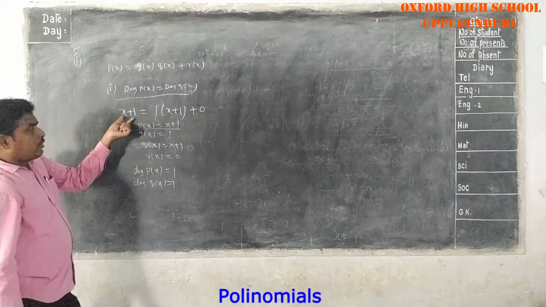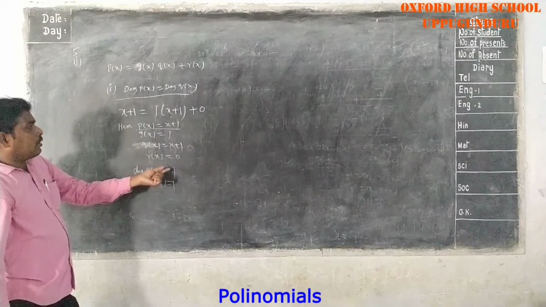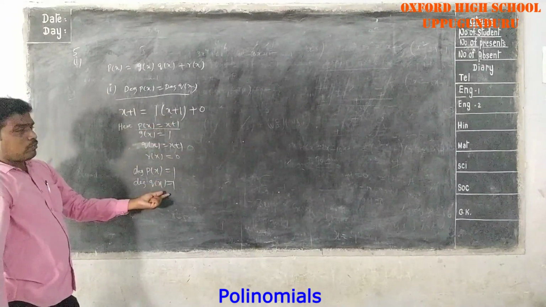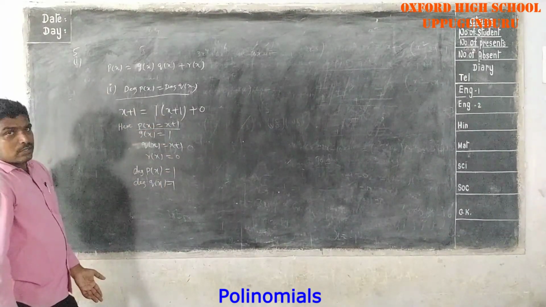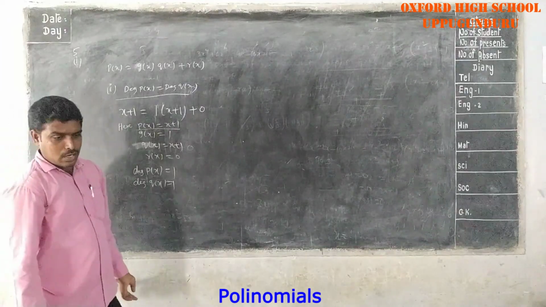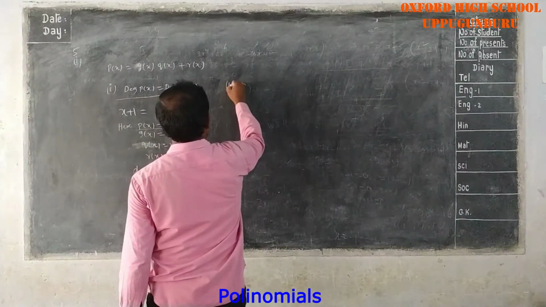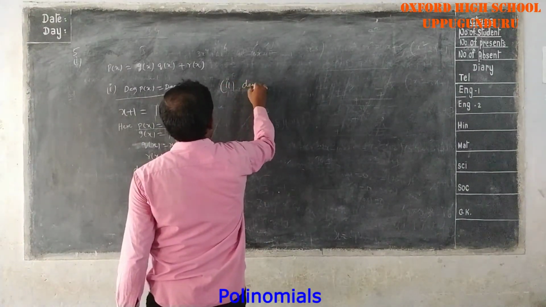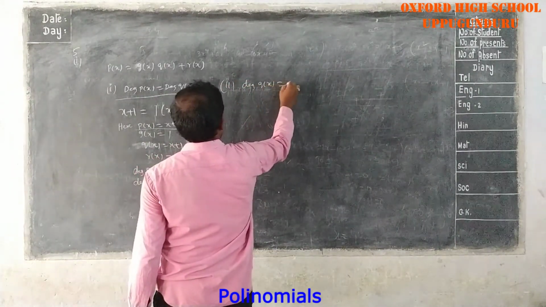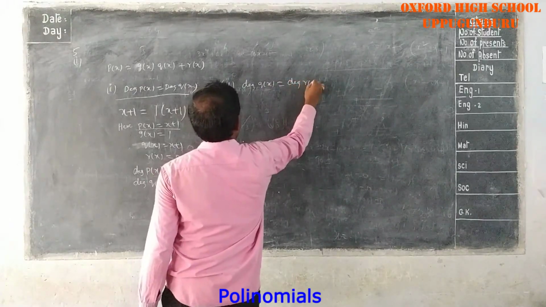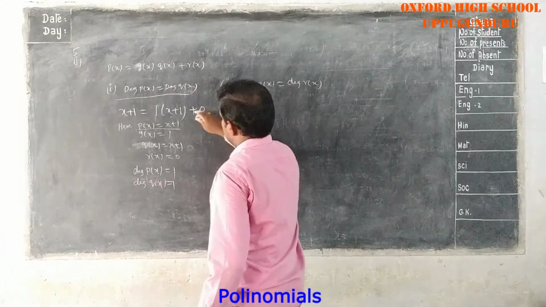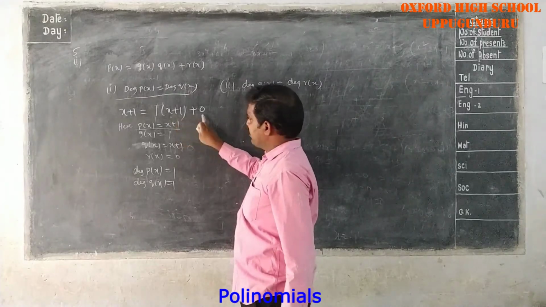In this, degree of this polynomial is 1, degree of q of x is 1. Satisfied this one. Next condition, degree of q of x equal to degree of r of x.